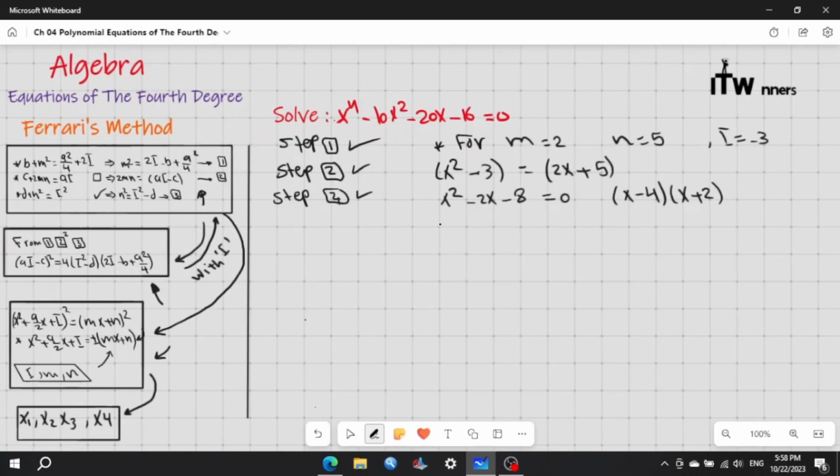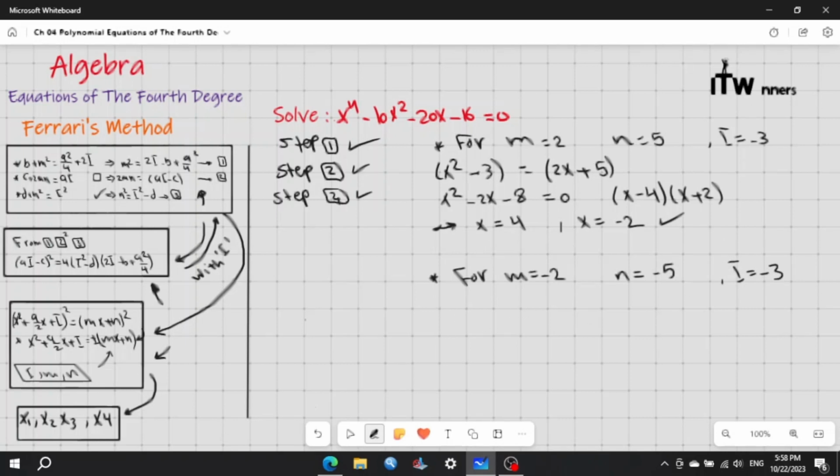So the first two roots are x equal to 4 and x equal to -2. Okay, and again to obtain the second roots of the equation, for m equal to -2, n equal to -5, and i equal to -3.